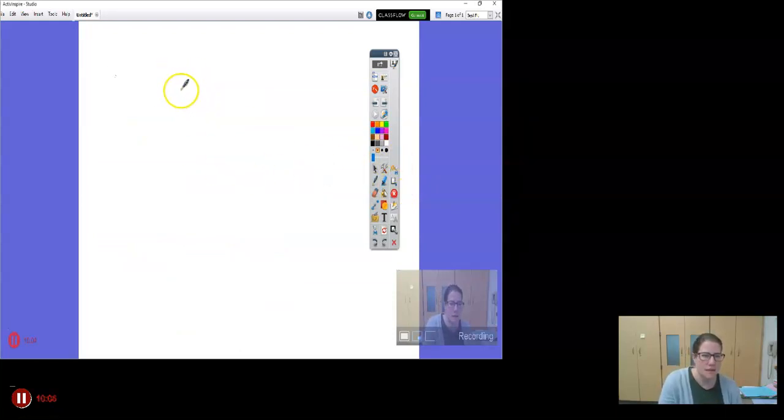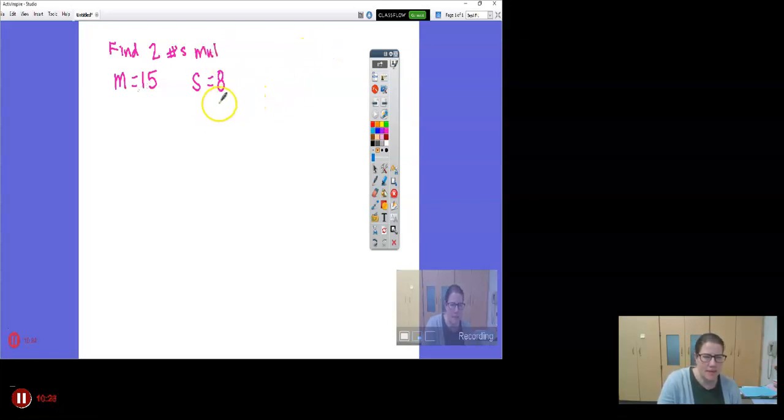It says, if m equals 15 and s equals 8, we're going to find two numbers that when I multiply them together, they're going to equal m. M for multiply, 15. So find two numbers that multiply to 15, and they add or sum to 8.